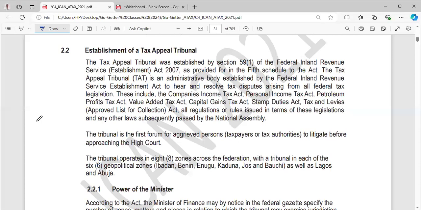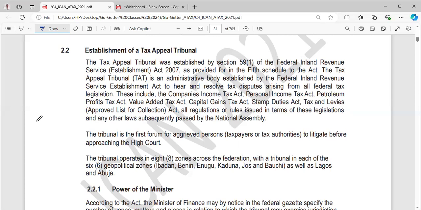Though they are established by the Federal Inland Revenue Act, they are also independent from the FIRS.